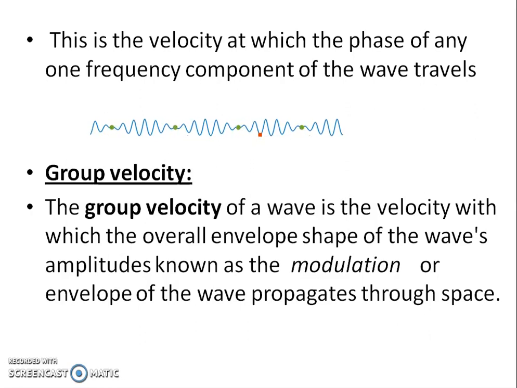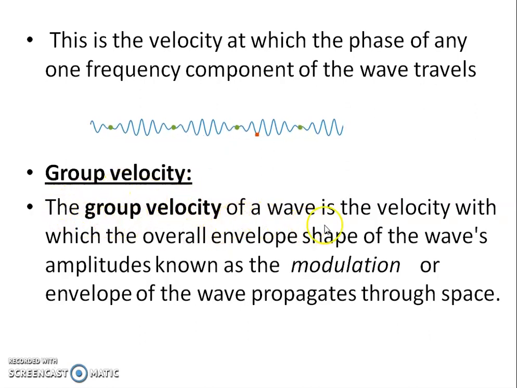It is not transferred at the phase velocity. So this group velocity must be less than the speed of light. The next term is the group velocity, which we commonly use for transmitting information or messages. So what is a group velocity?